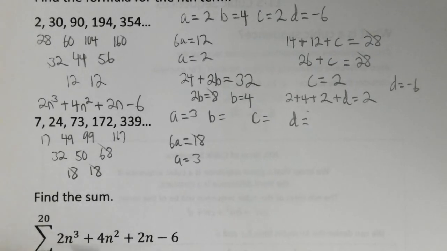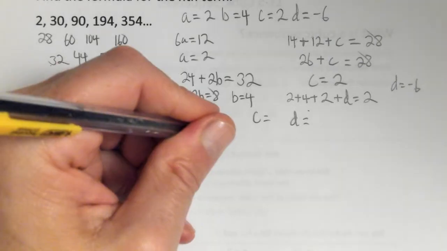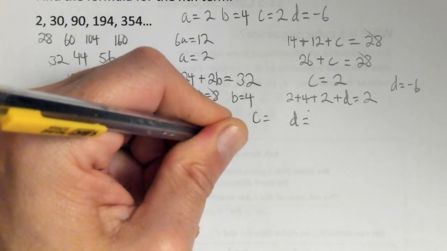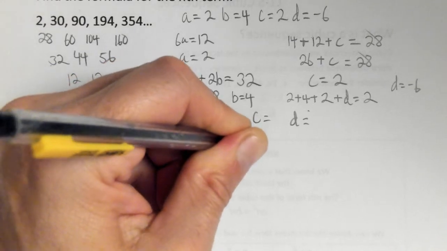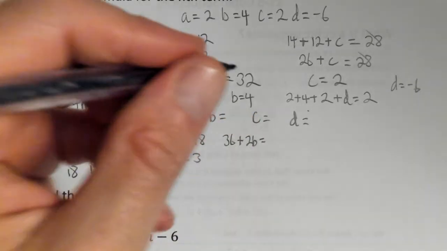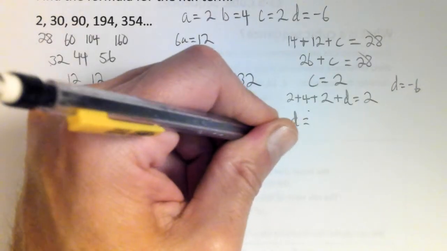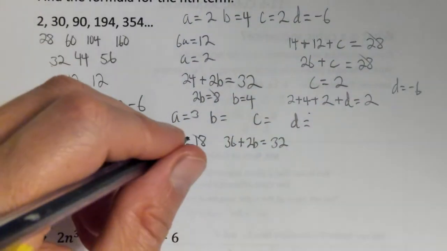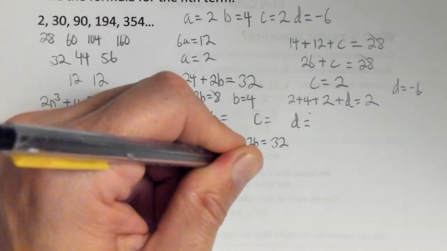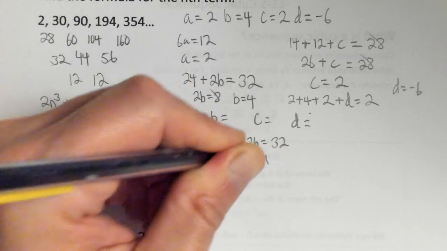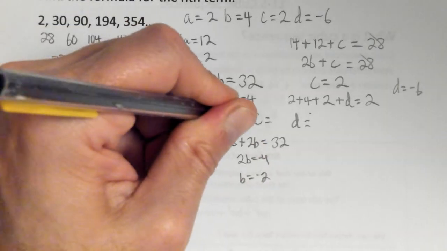So 12 times 3 is 36 plus 2b is going to be equal to 32 in this case. 32 goes here. So 32 minus 36, so 2b is equal to negative 4. So my b is going to be equal to negative 2 on this one.